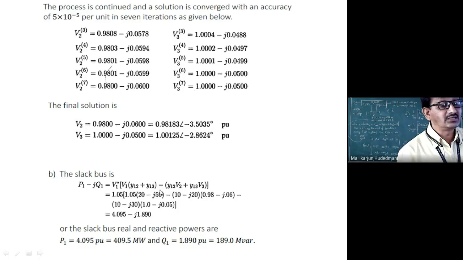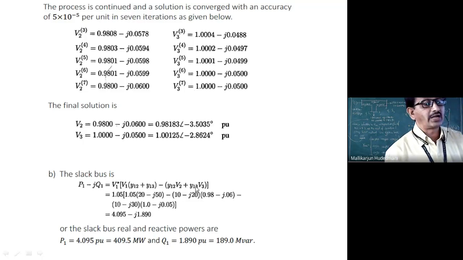The arrangement is done in the order of V1, V2, V3 to solve numerically in the computer. V1 minus V2 Y12 is the current going towards bus 2, I12, and V1 minus V3 into Y13 is the current going towards bus 3. If I add those two, that becomes the bus current.